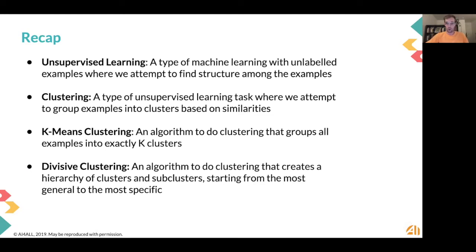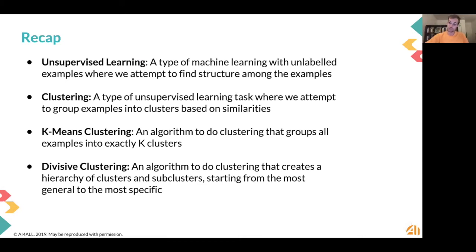And one particular type of unsupervised learning that's related to classification is clustering, where we attempt to group examples into a discrete number of clusters, based on the similarities in that feature space. So this is trying to find bottom-up structure in certain sets of classes.